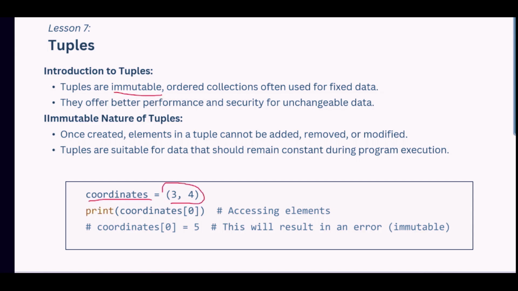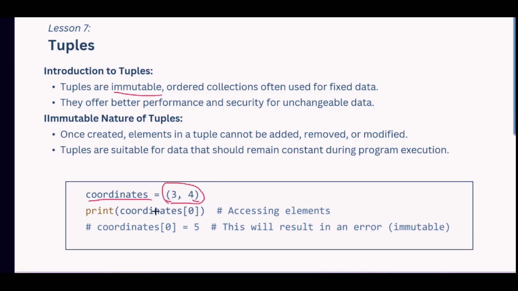One important point to note is that the basic syntax of a tuple is that it starts with a parenthesis and also ends with a parenthesis. Again, if you have to access any element of this tuple, you can access it directly by writing the coordinates and the index of that element. So if I write coordinates of 0, then by default it will return 3.